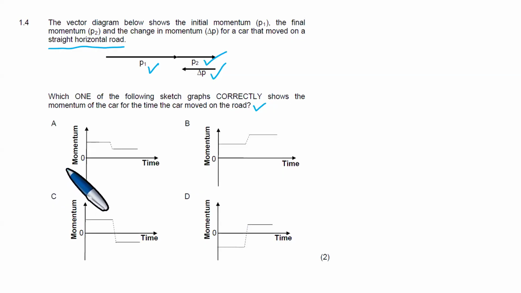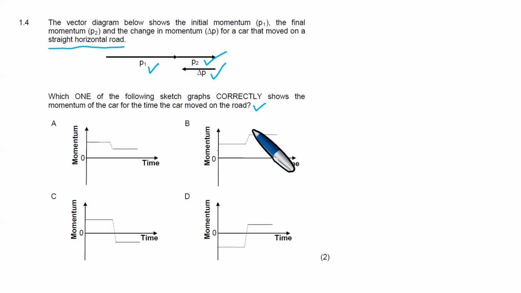Just check the graphs here. In graph A, the vertical axis is the momentum axis. You need to analyze it very thoroughly, because multiple choice questions are tricky. The momentum is the vertical axis, and the horizontal axis is our time axis. The momentum was constant, then it decreased and became constant again.